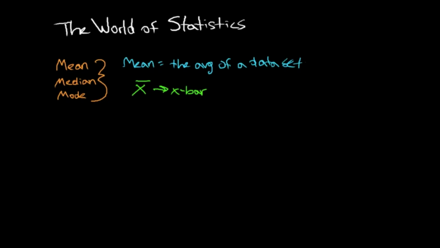If you remember population and samples, when doing a sample, we want to find the sample mean, and the sample mean is denoted as X bar.